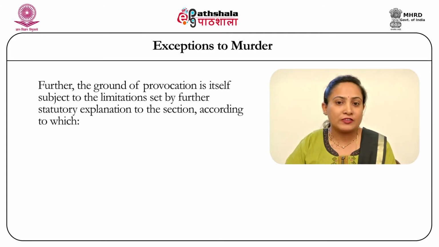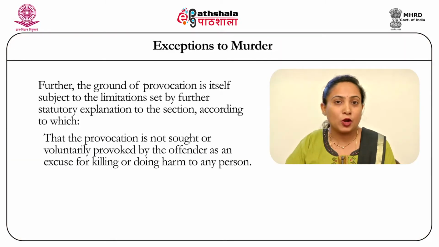Further, the ground of exception is itself subject to certain limitations that the Indian Penal Code puts on it. And those limitations subject to which the ground of provocation can be claimed as a ground of partial defense for murder are, firstly, that this provocation should not be sought by the accused voluntarily, or he shouldn't be doing an act which provokes the other person to do another thing and that thereby again provokes the accused to commit an offence.